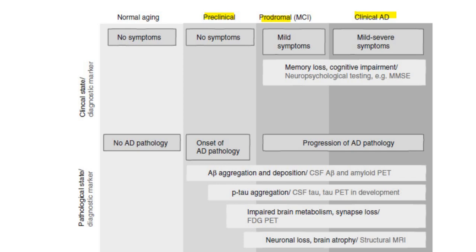These changes can be determined by structural magnetic resonance imaging or MRI. Impaired brain metabolism can be tested using FDG, fluorodeoxyglucose, in PET scanning, positron emission tomography. Tau aggregation can be determined with immunohistochemistry.